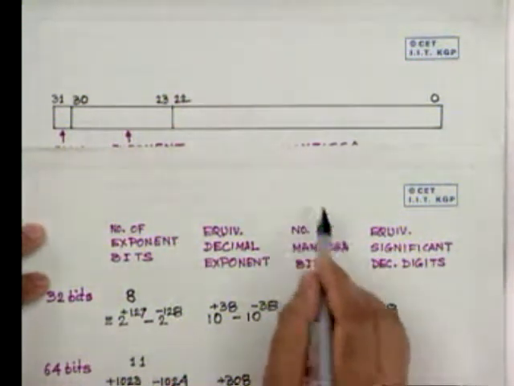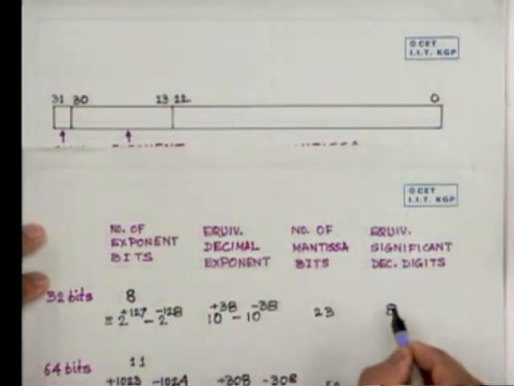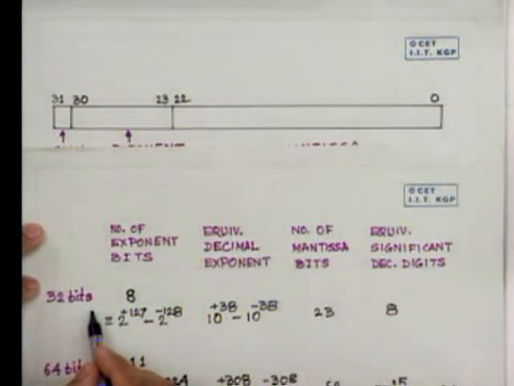If the number of mantissa bits is 23 here, then the equivalent significant decimal digits that you can represent is 8. This is a float in C.